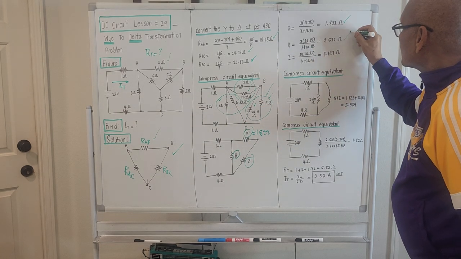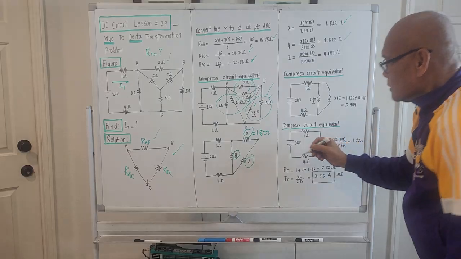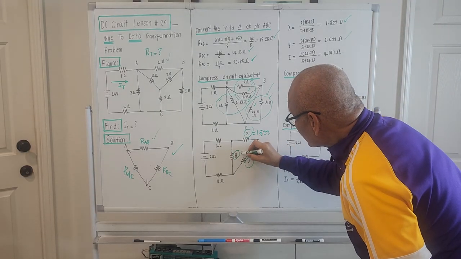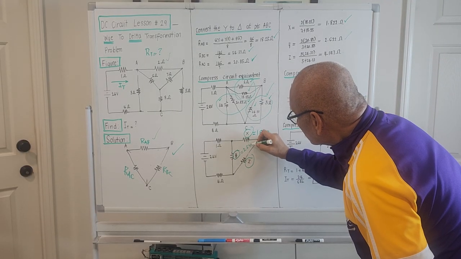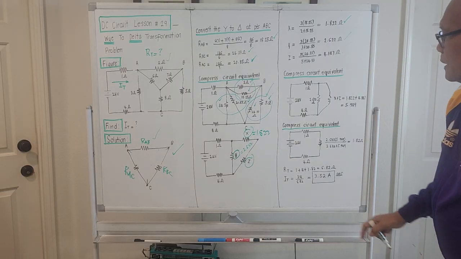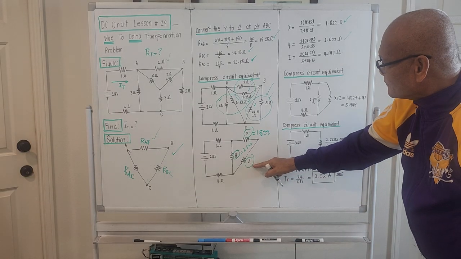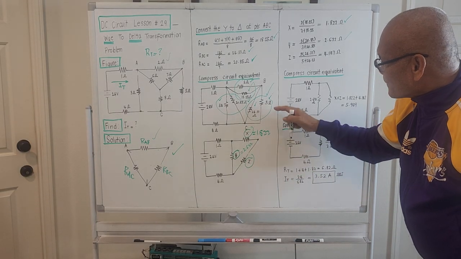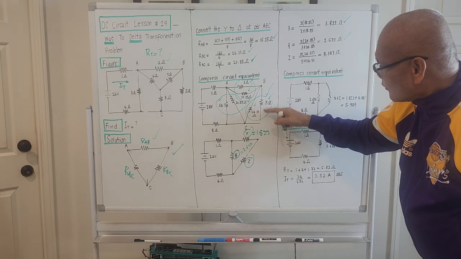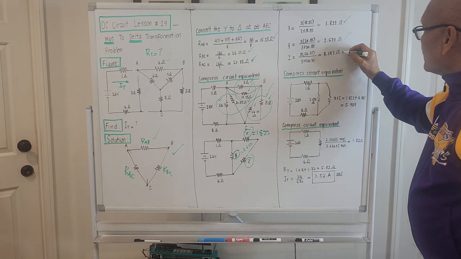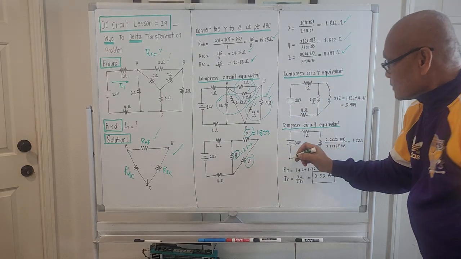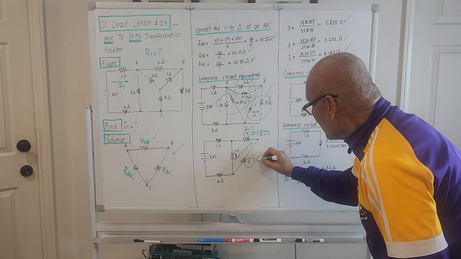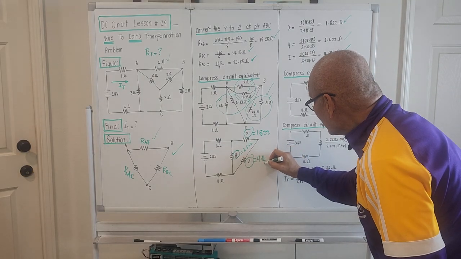And what will come out is 2.622 ohms. So this is 2.622 ohms. And considering Z, it will be the product 5 times 24.33 all over the sum. And that will be 4.147 ohms. So this is 4.147 ohms.